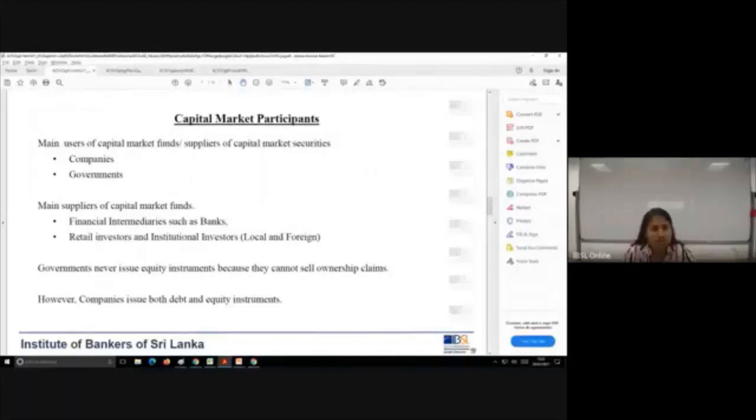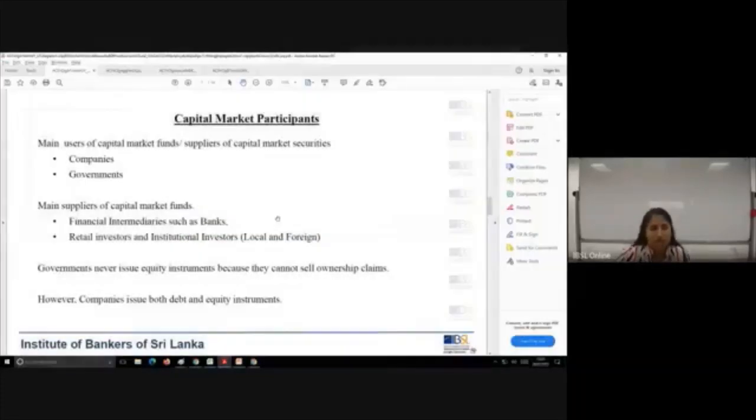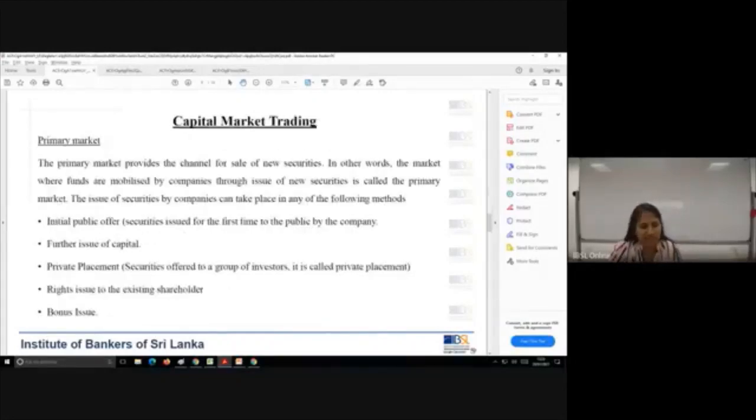So they can come in maybe as an investor. Government can invest in securities, but as an issuer, they cannot approach the equity market. However, a company can invest in, or can issue, both debt and equity instruments. There is no restriction for companies.